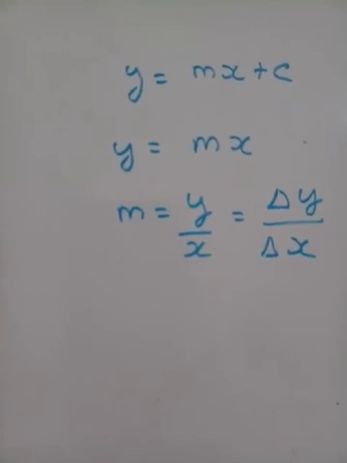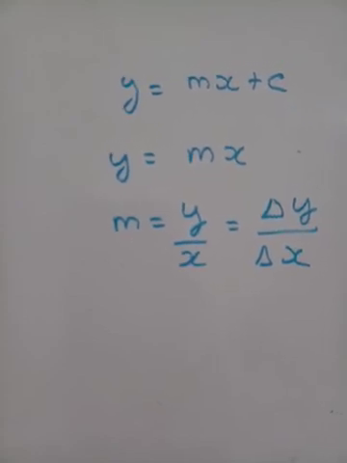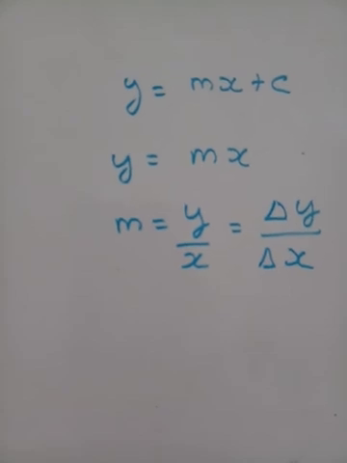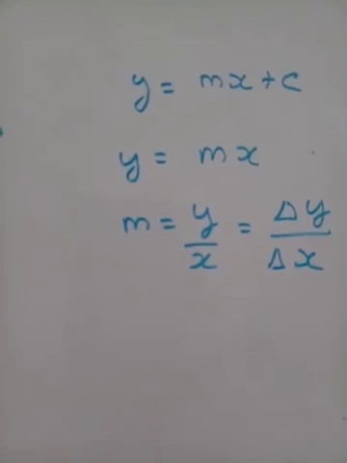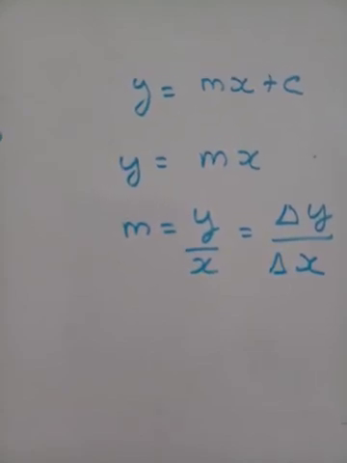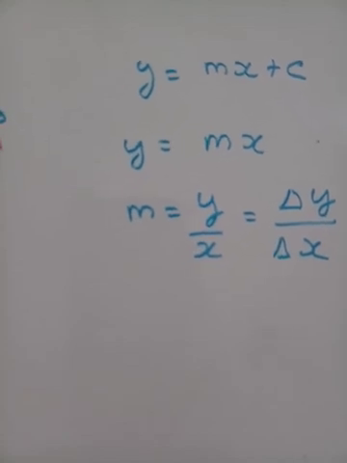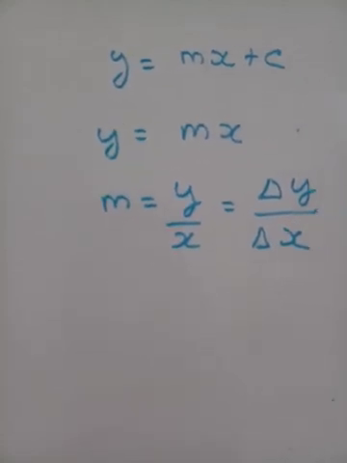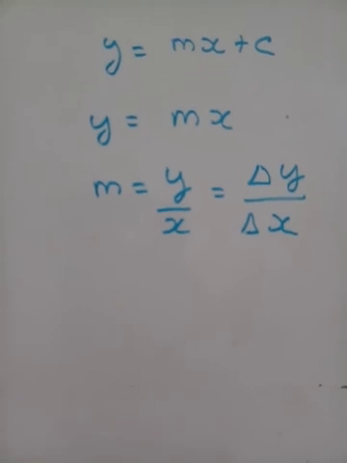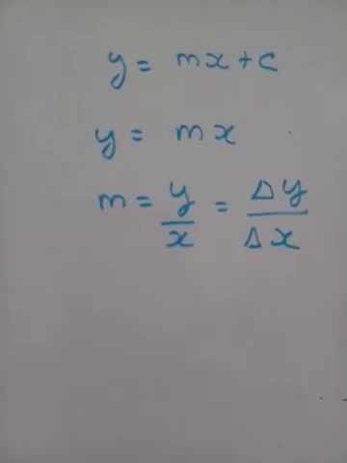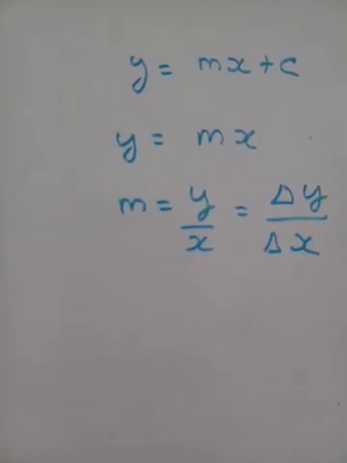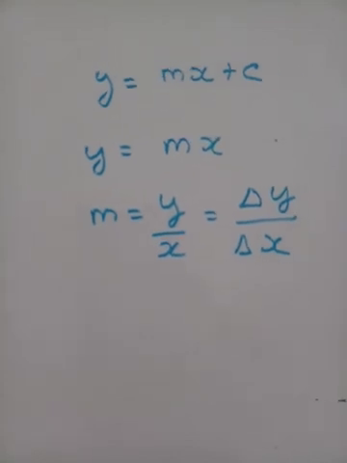For the time being we omit that c. So y equals mx if we neglect the constant. So what is m equal to? m equals y by x, or m equals delta y by delta x. This is how you calculate the slope of any graph.